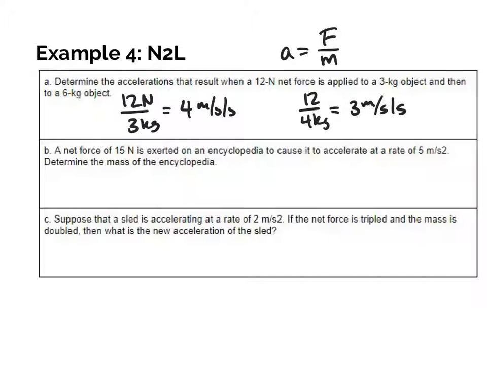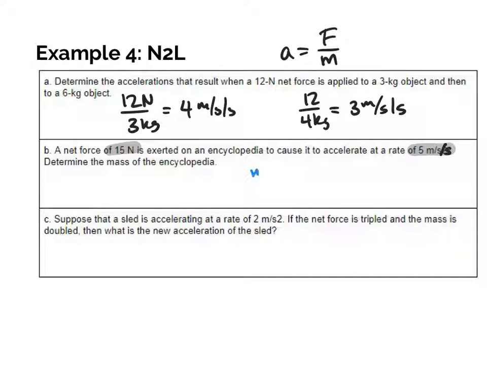Next example: a net force of 15 newtons is exerted on an encyclopedia, that's a book, to cause it to accelerate at a rate of 5 meters per second squared. Typo there, it says 5 meters per second. So this is representing the acceleration, and we have the 15 Newton force, so it wants to know what the mass is.